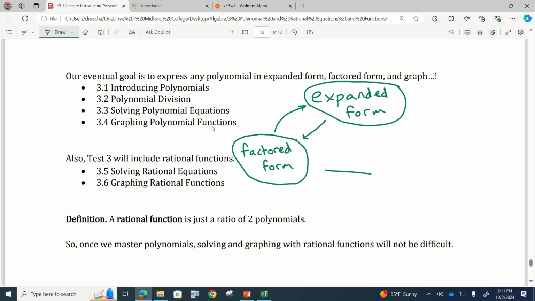And then section 3.4 is going to be about taking a factored form polynomial and graphing it. So we'll do that in the next few weeks. And like I mentioned at the start of class, the rest of chapter 3 is just rational functions. And once you are a complete wizard at polynomials, then rational functions will be super easy. So that's the plan.